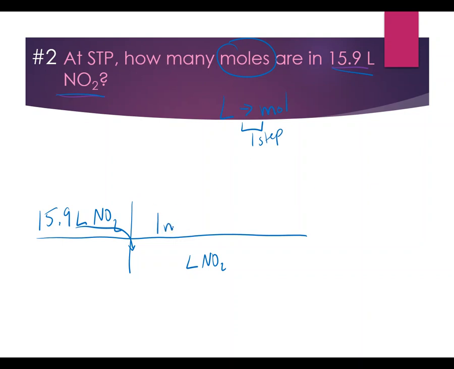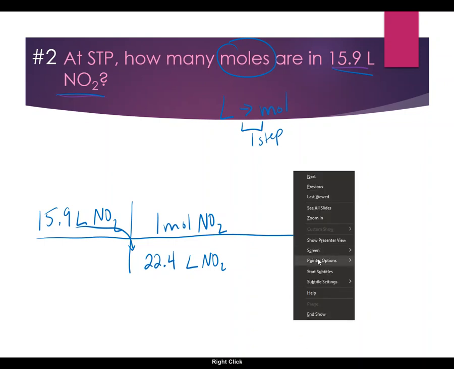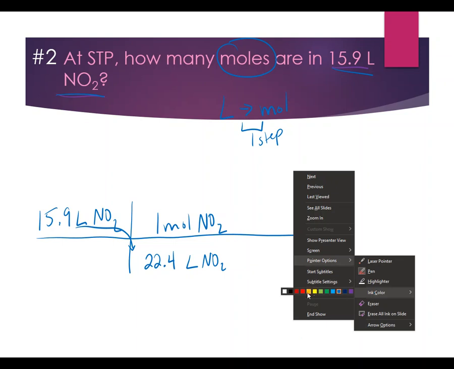So we put the 1 mole NO2 up here. Now go back to my mole map. How many liters are there in 1 mole at standard temperature pressure? 22.4, exactly right. Know that number right there. 22.4 liters, exactly right. So now we can cancel that, cancel the 22.4 liters.